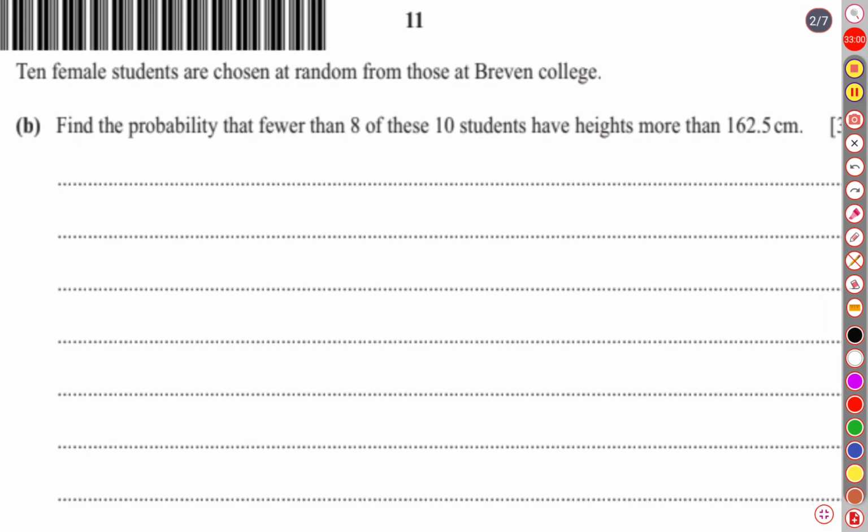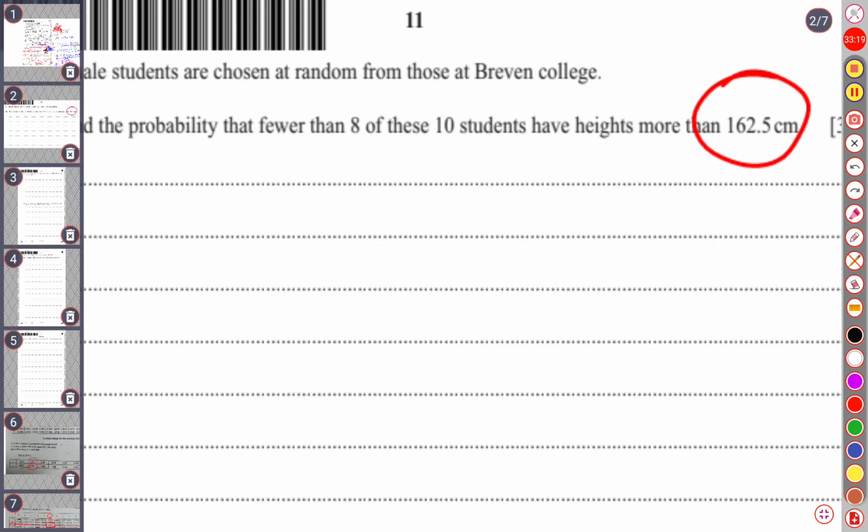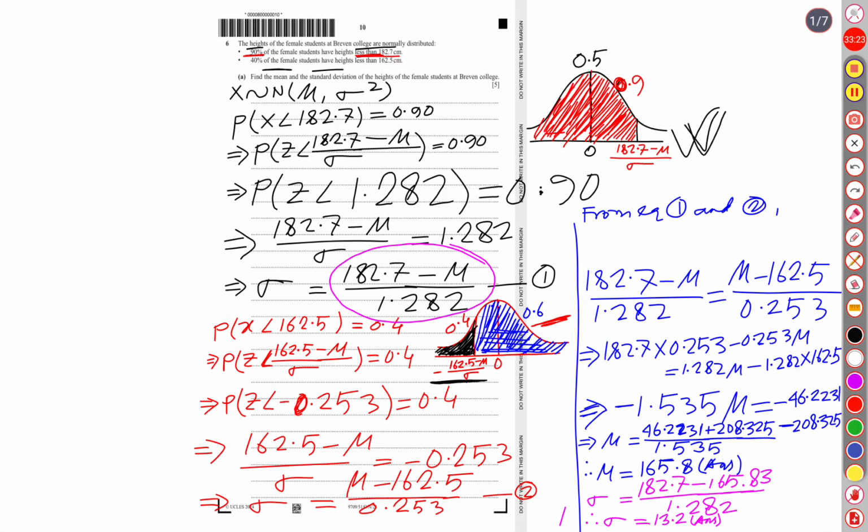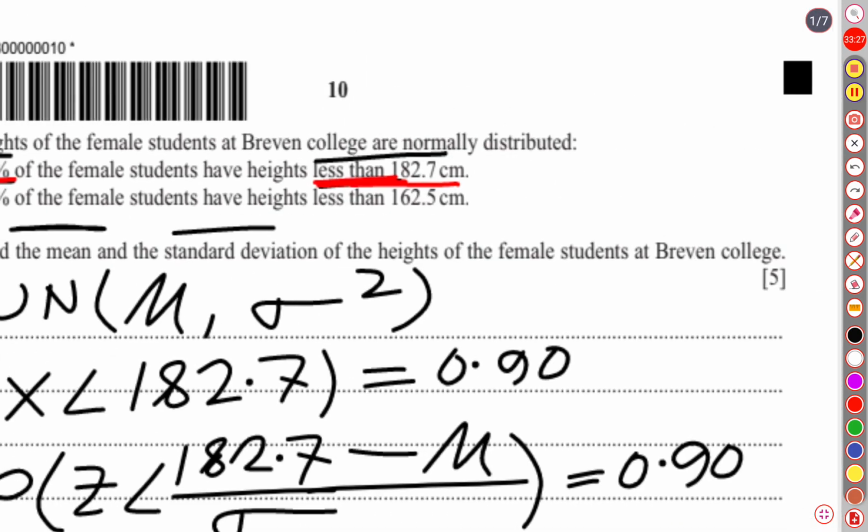Find the probability that fewer than 8 of these 10 students have heights more than 162.5 centimeters. First of all, we will have to pick up the information. Look, height is more than 162.5. Let us see what the probability of this score is.